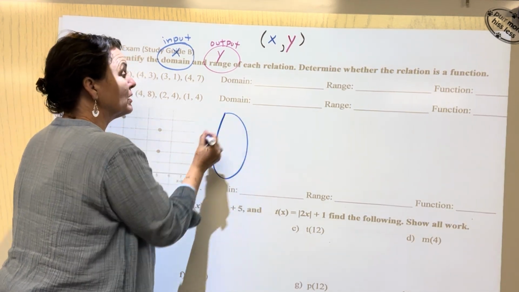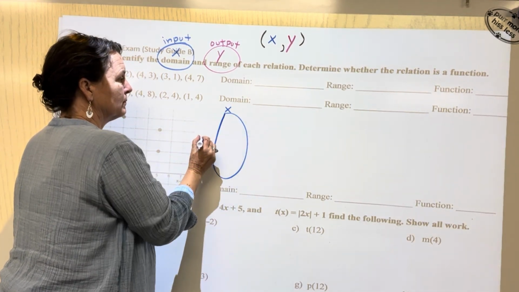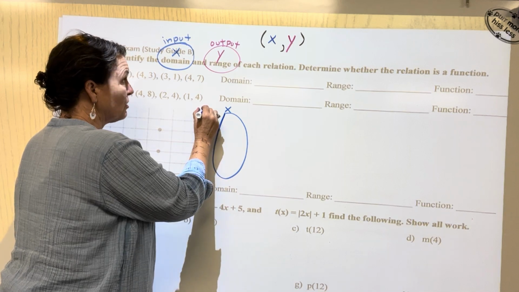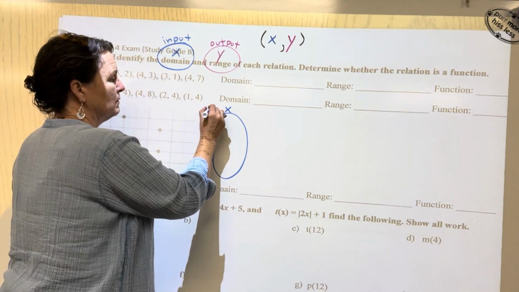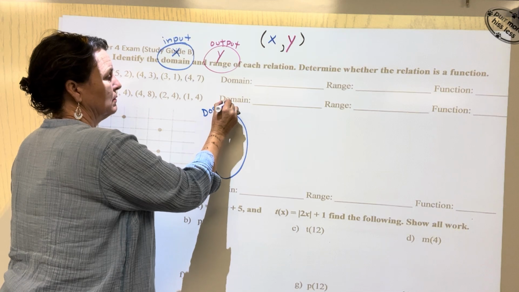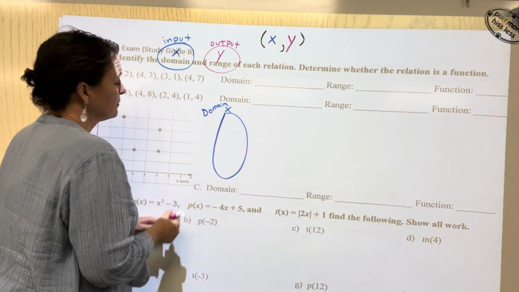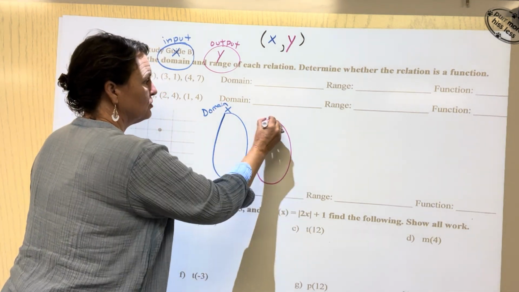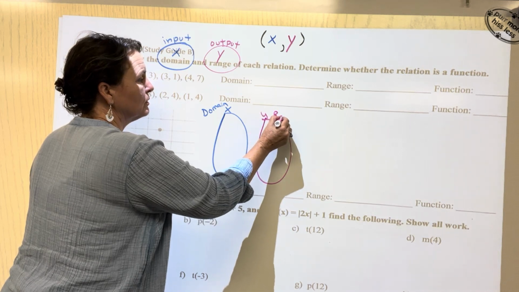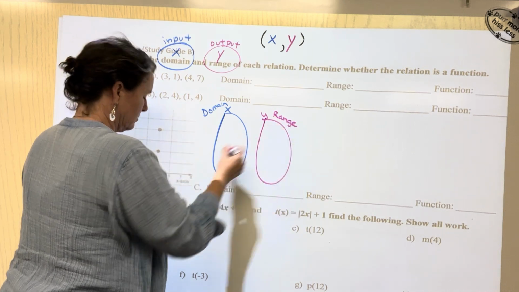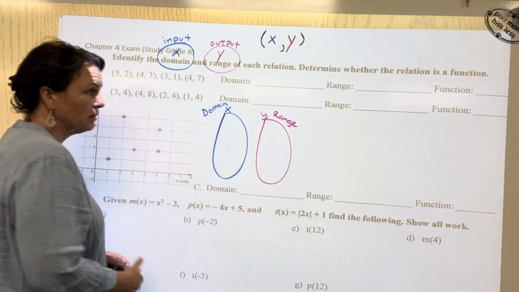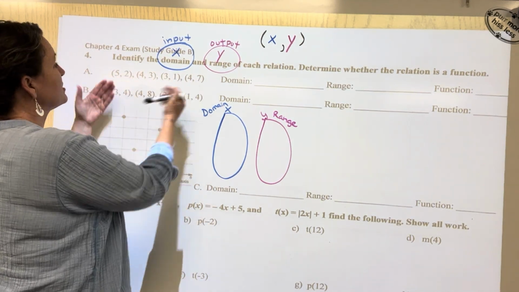We're gonna set up something called a mapping diagram. We're gonna do X, also known as our domain, and we're gonna do Y, also known as our range. And then we're gonna look at this information they've given us.